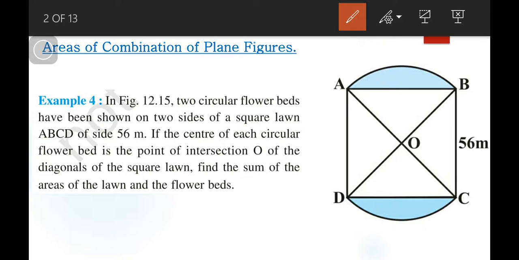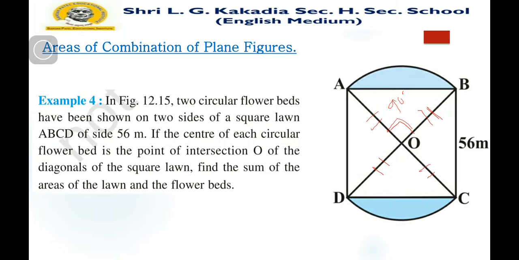Bisecting each other means the four parts are equal, and this angle will be 90 degrees. So in the figure you can see that the center of each circular flower bed is the point of intersection O of the diagonals of the square lawn. Find the sum of the areas of the lawn and the flower beds.